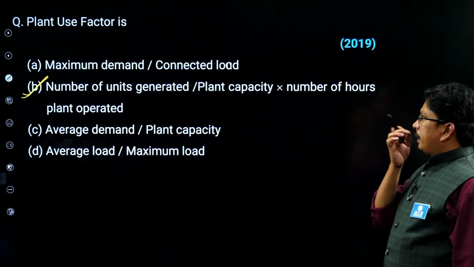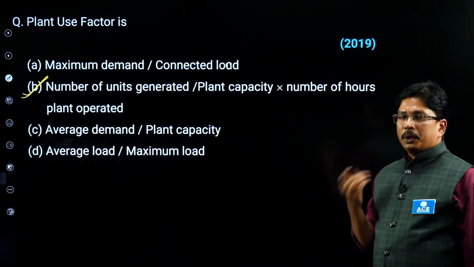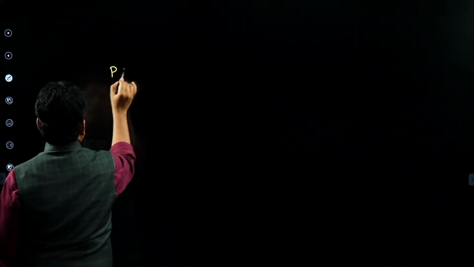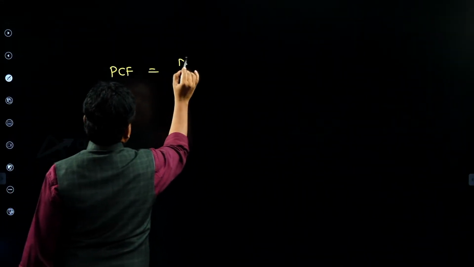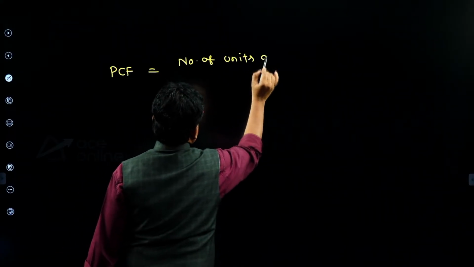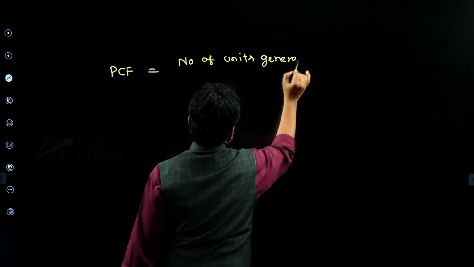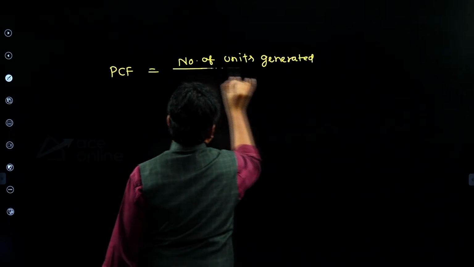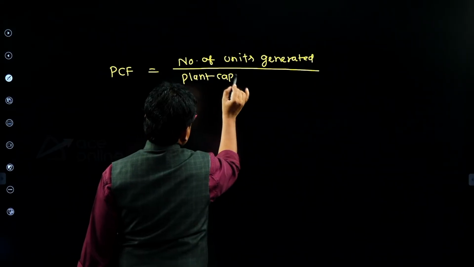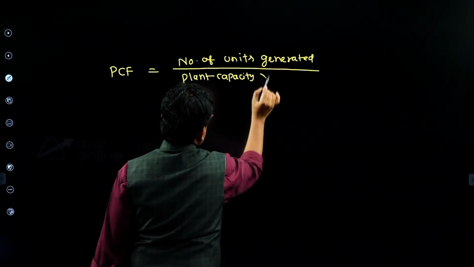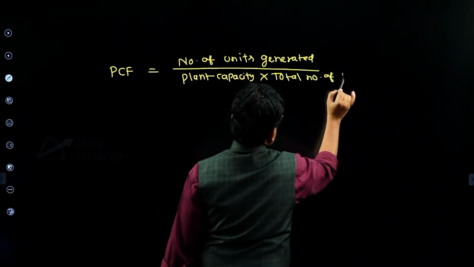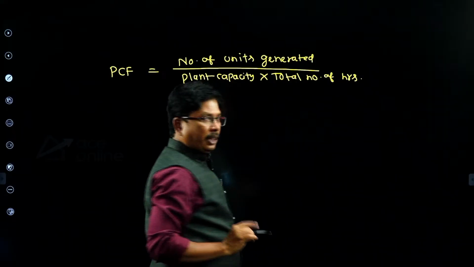See, the difference between plant use factor and plant capacity factor. Plant capacity factor is number of units generated divided by plant capacity into total number of hours, right, students?